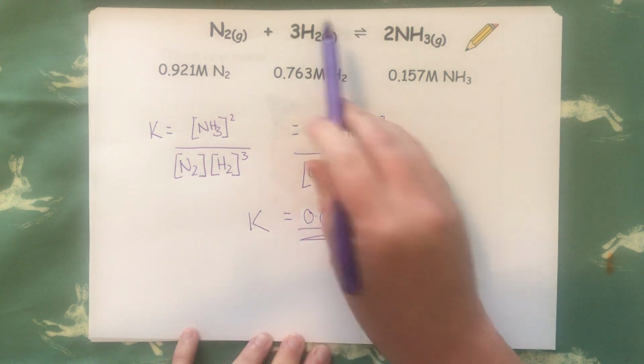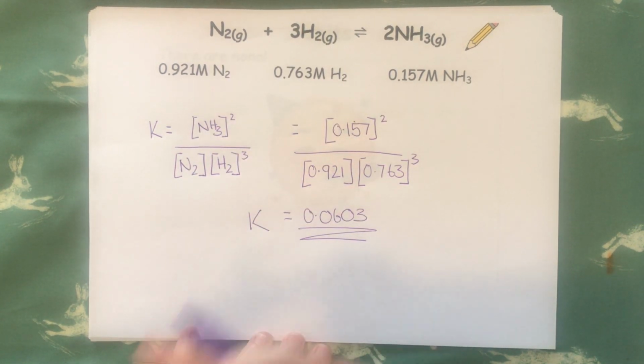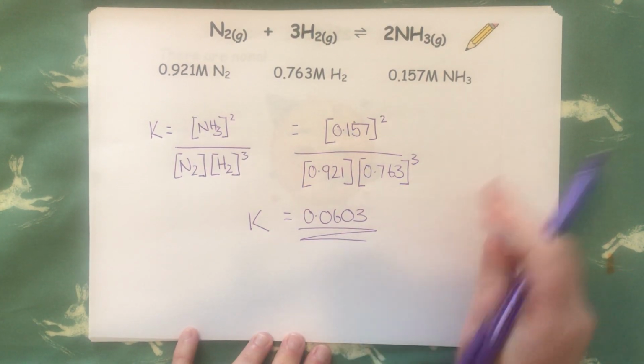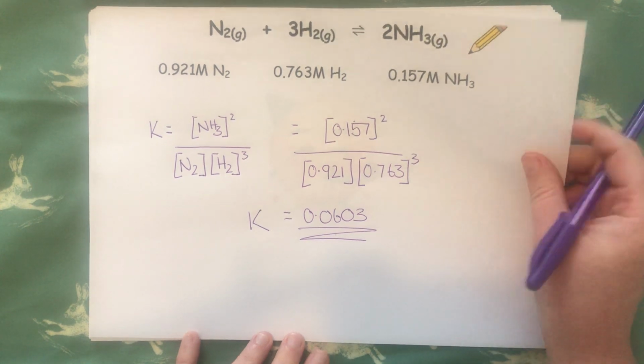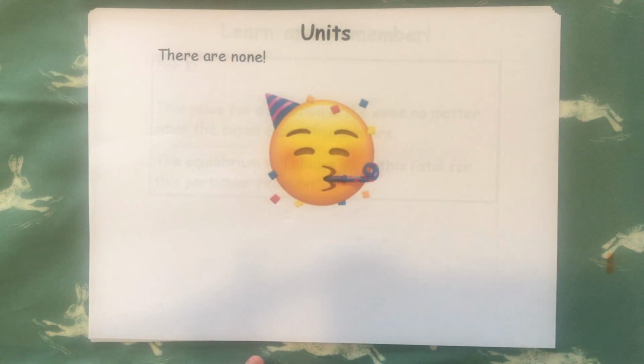And under these conditions, at this same temperature, that value will always be the same. In terms of units, there are no units, so you don't need to remember them. Although we're using moles per litre as our units of concentration, this is a constant, so it's unitless.